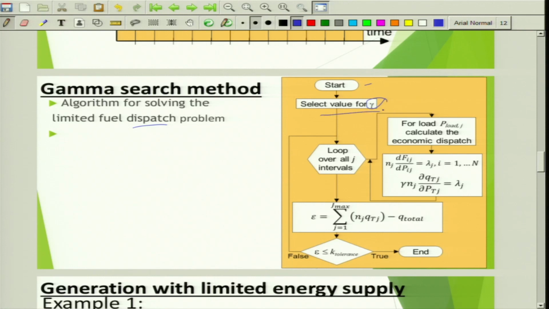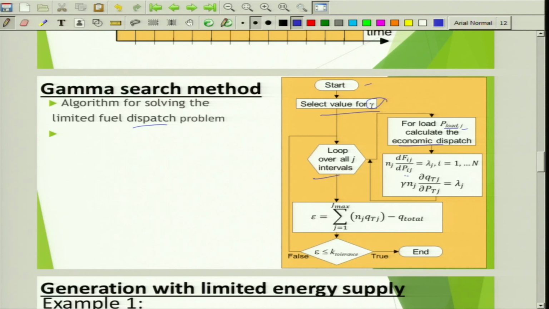Gamma is taken as some random number. Now let us enter the loop for all the j intervals, 0 to whatever, 6 hour, 6 interval or 8 interval. For all these intervals, for load P load j, calculate the economic dispatch. You have generators for the load at that specific interval j, and you find the economic dispatch for all the generators.